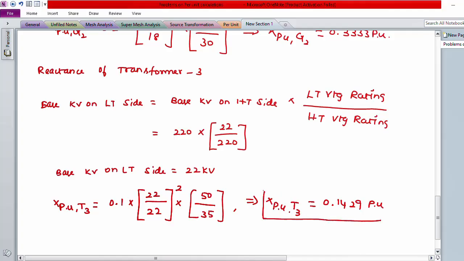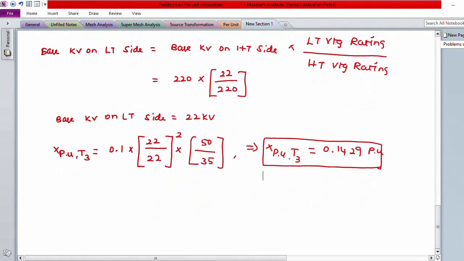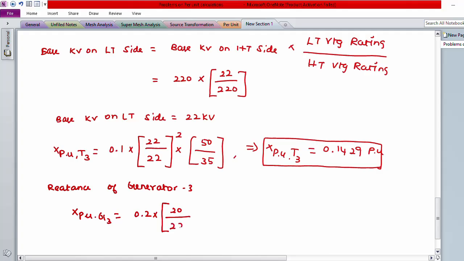At last, we have to calculate the reactance of generator 3. So X per unit G3 is equal to the old value of generator 3, 0.2, and the voltage: kVB old is 20, kVB new is 22.